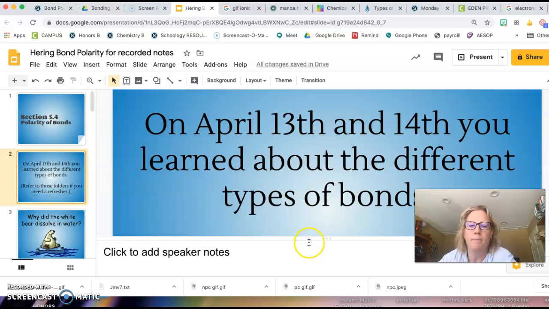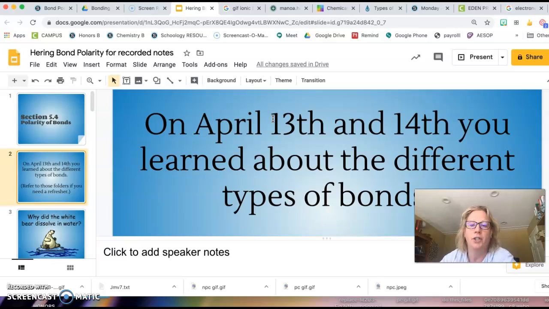If you remember, there were the nonpolar covalent, polar covalent, and ionic bonds, and we did the analogy with the blanket being the electrons. If two atoms are sharing the electrons equally, they'd share the blanket equally, and that would be a nonpolar covalent bond.